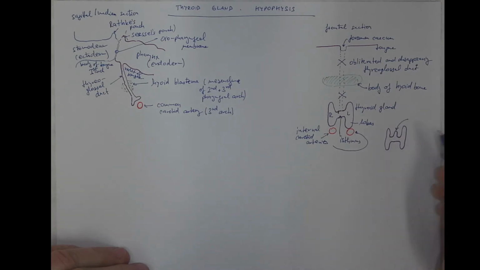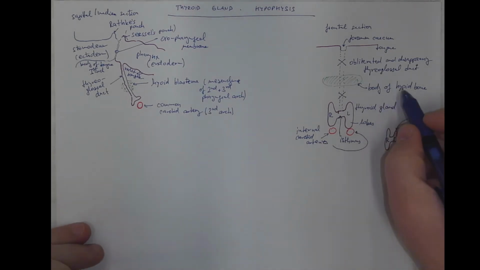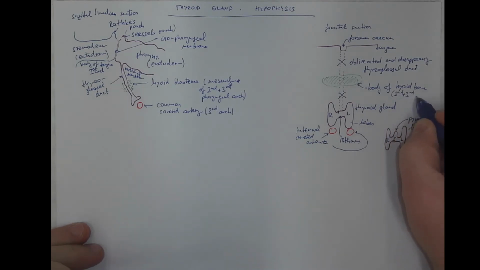And also this accessory pyramidal lobe that gives some extra volume to the right lobe, left lobe, isthmus. So it's kind of a remnant of this duct. Pyramidal lobe. The body of the hyoid bone is from the second and third pharyngeal arch mesenchyma.